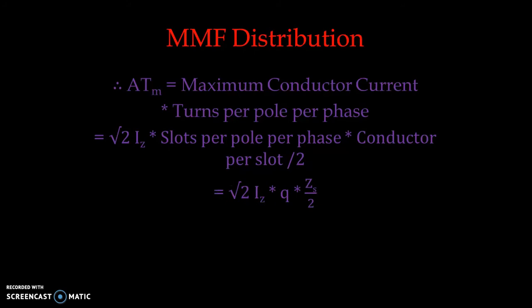So ATM is root 2 Iz multiplied by Q, number of slots per pole per phase, and multiplied by Zs divided by 2. Zs, we know, is the number of conductors per slot. So ultimately the equation of ATM will be Q multiplied by Zs multiplied by Iz divided by root 2. This equation is very important and it must be clear.